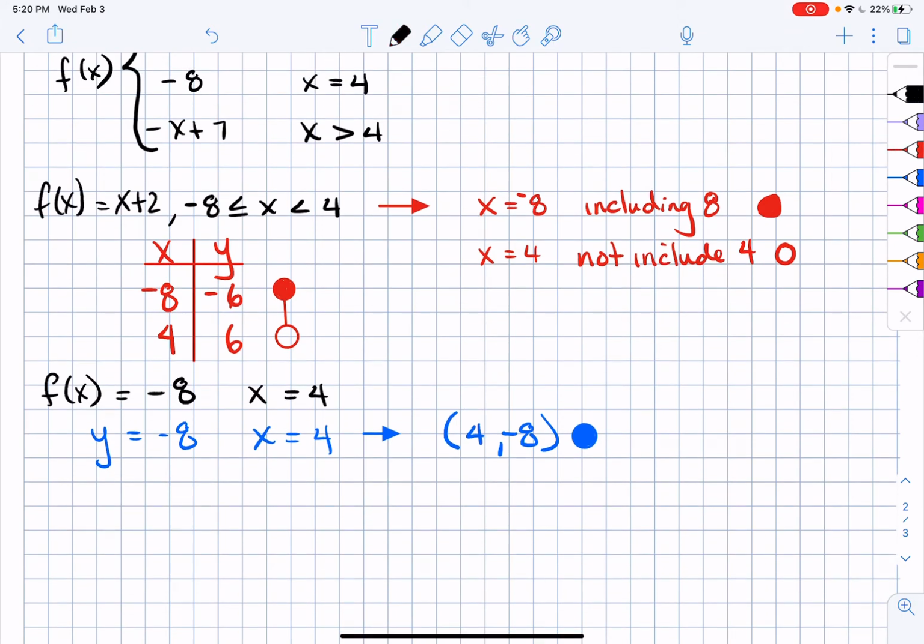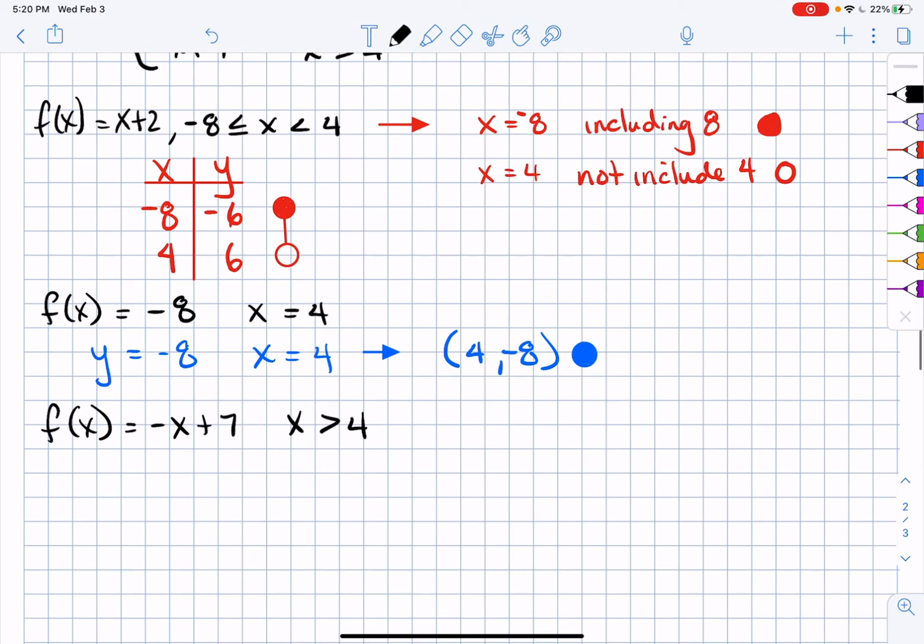So the last part says that f of x is equal to negative x plus 7, and that is when x is greater than 4. Well, the only point on here is the 4, right? So let me use a different color here. Let's go purple. So this is saying when x is equal to 4 but not including 4, which means I'm going to have an open circle, okay?